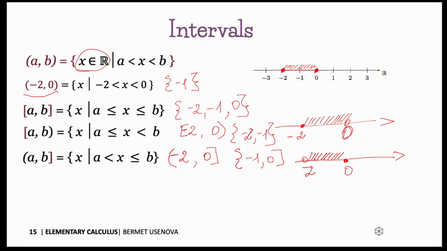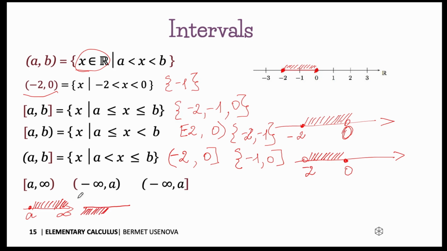Also, sometimes we want to include in an interval all real numbers bigger or smaller than a. And for this, we use the infinity and minus infinity signs. So the example here will be including a and everything up to infinity, like everything. Boom. And here, everything from minus infinity up until a, but not including a.